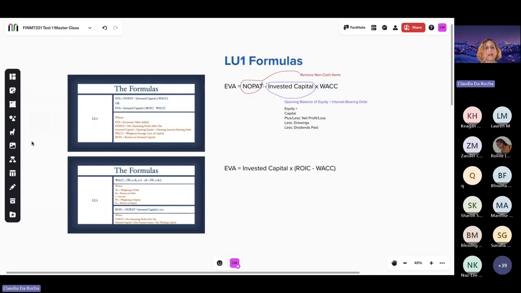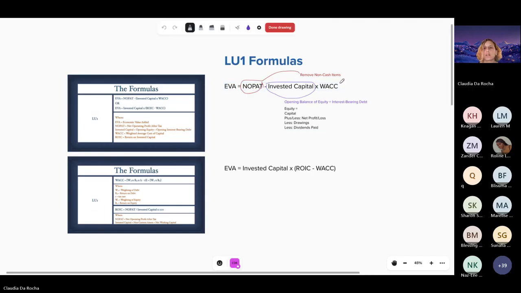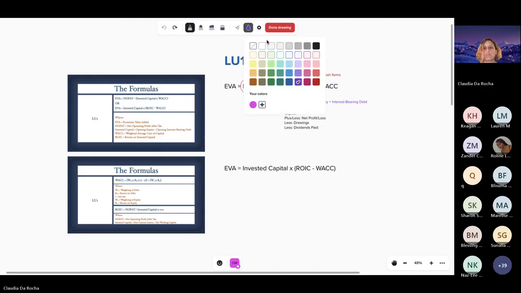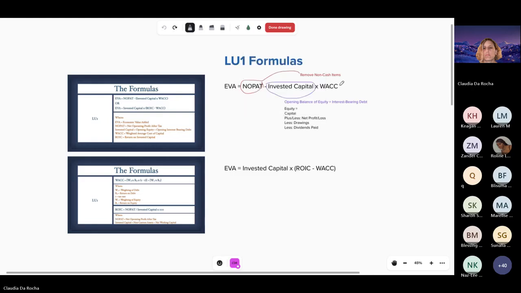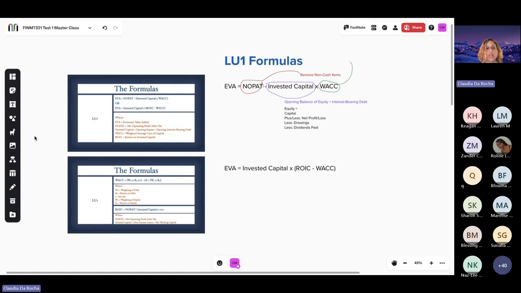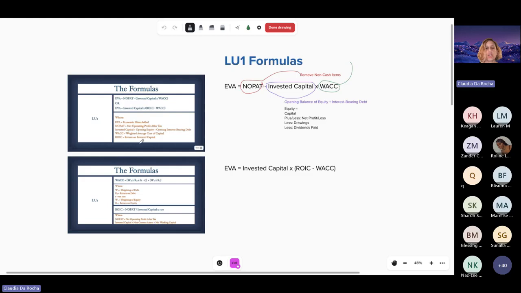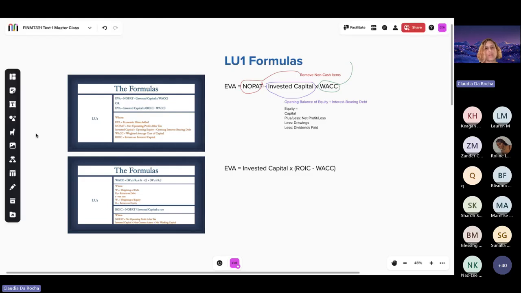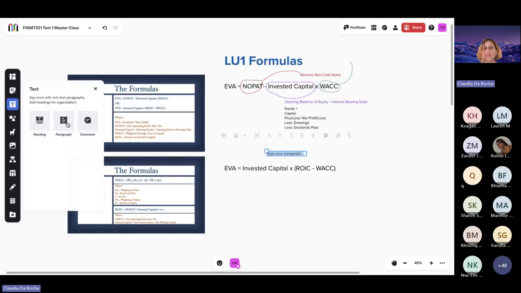Then with the WACC, we have a specific formula. In a question, three things can happen. They can give you the WACC itself, or they can say the discount rate is X. It's very simple, you use that.